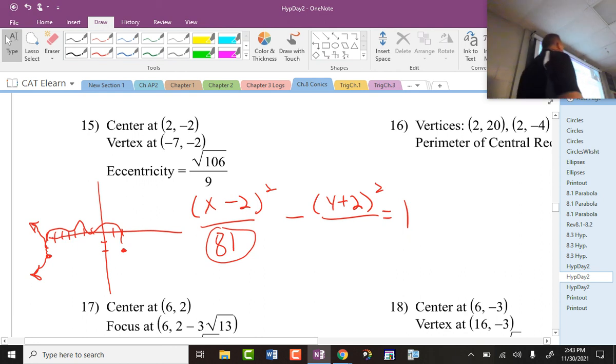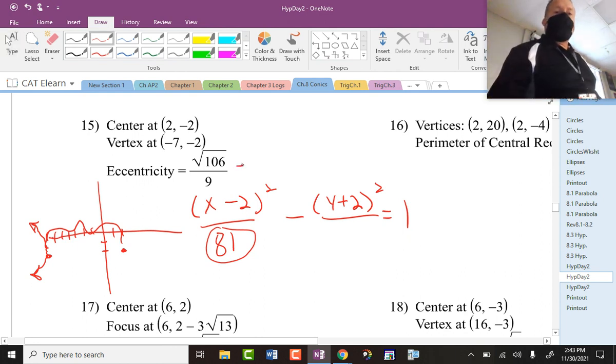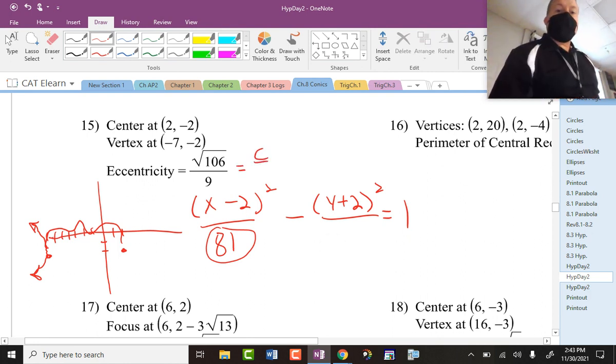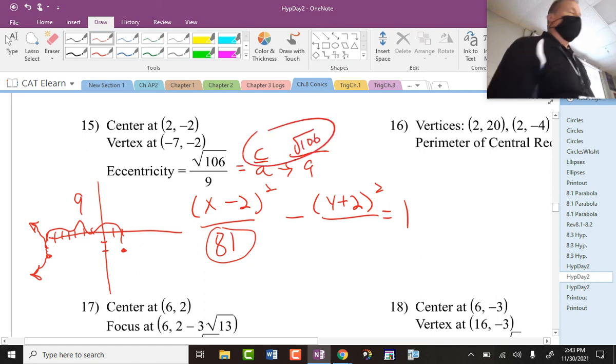And then this was the last one I was going to do. What letter over what letter's eccentricity? What is your A? You already found A to be what? So this is reduced. So I can say C is the square root of 106.